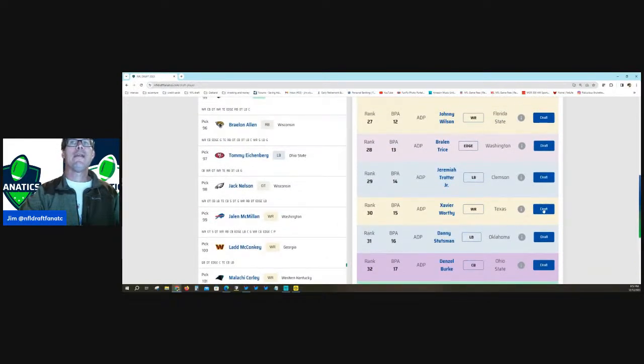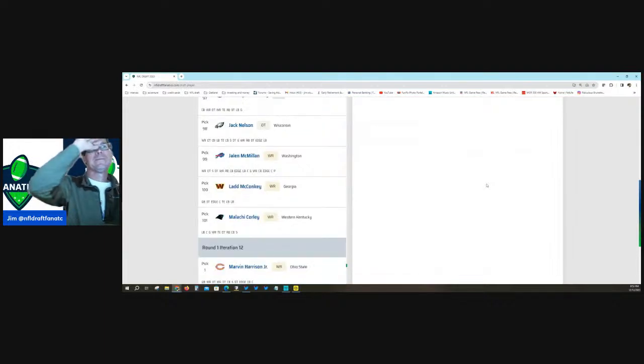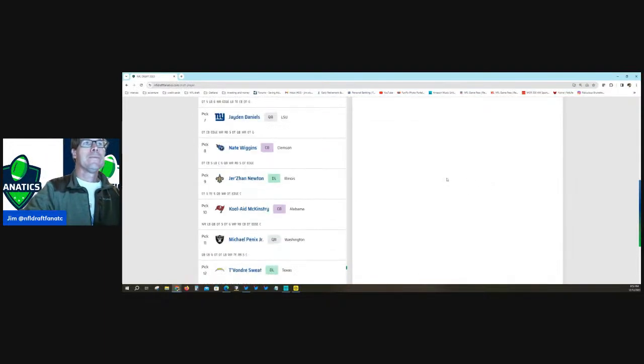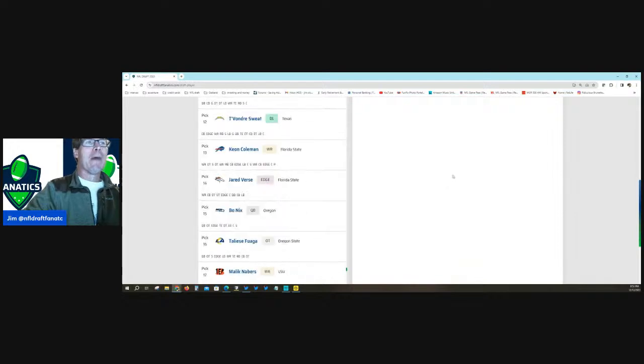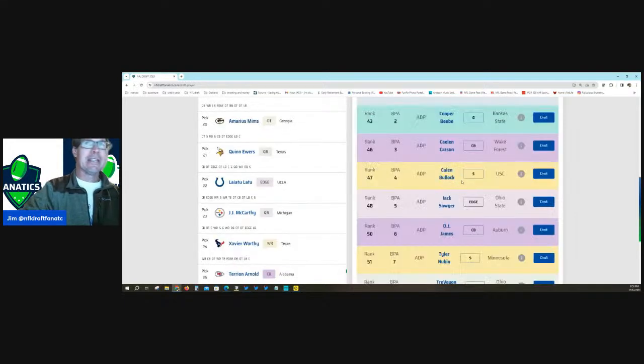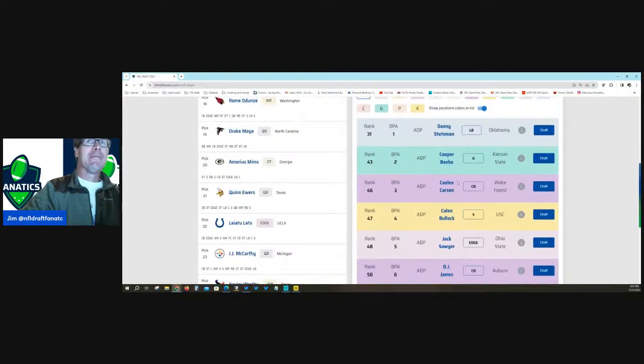I like Worthy in round 1. And there's 3 iterations left. So I want to make sure that that 1st round pick that I just made, Worthy, is going to be really close to the top.